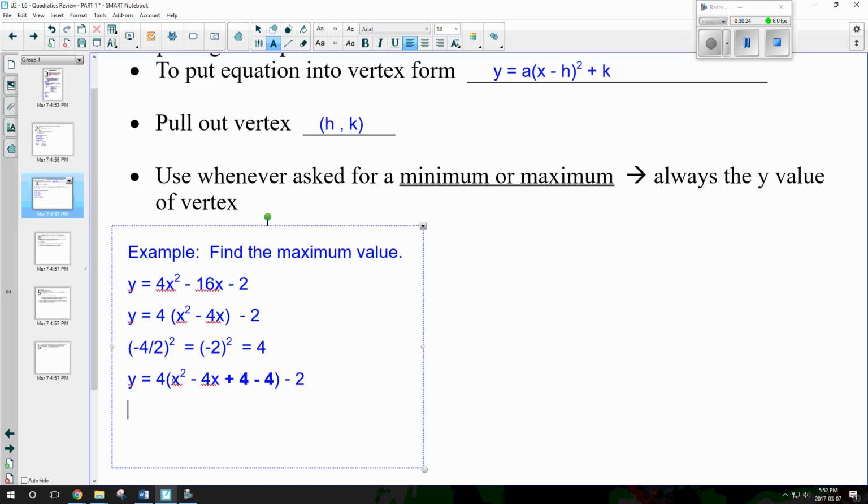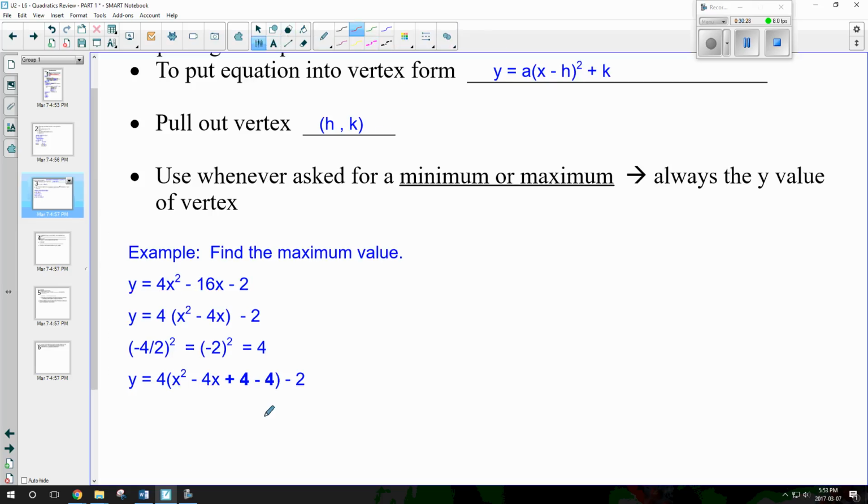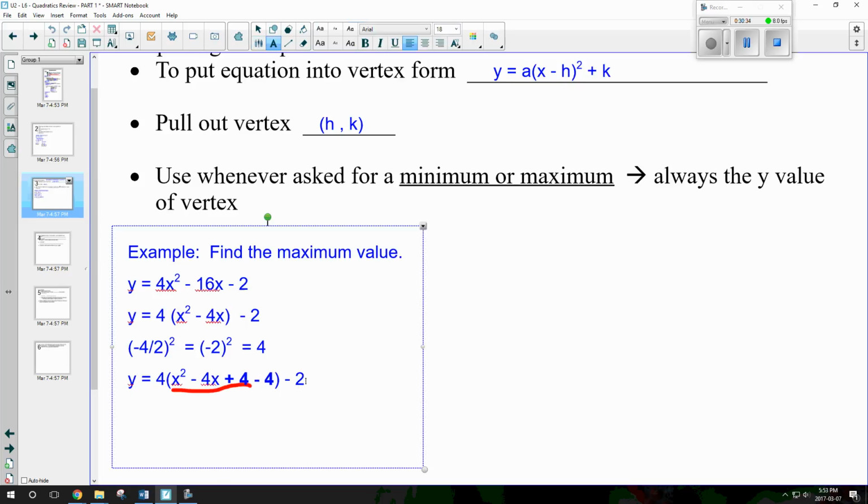Now remember, our next step is to take our first 3 terms inside of our bracket and replace them with a squared bracket, because we're technically factoring those 3 terms into a squared bracket, since it makes a perfect square for us. All our other terms still stay there.